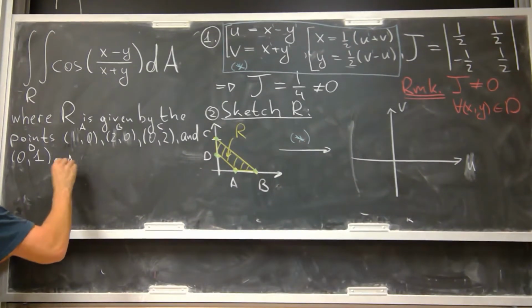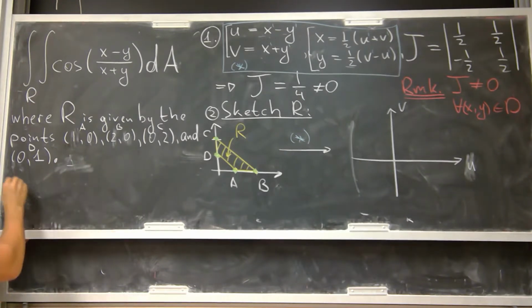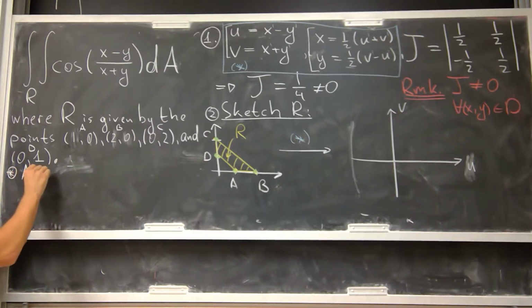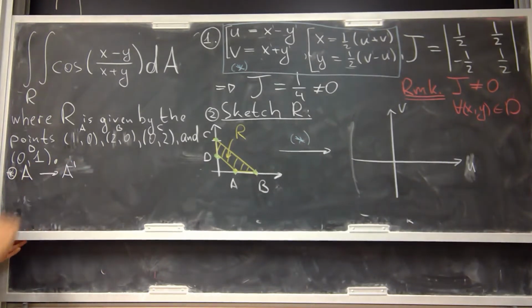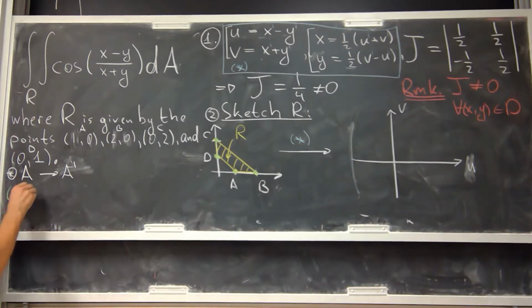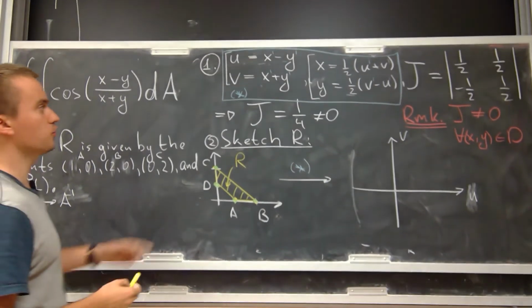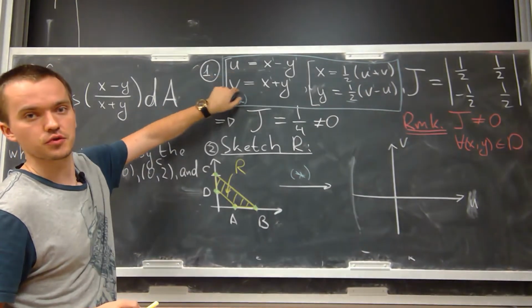So let's do this. Let's first find A. What happens when A transforms to A prime? My point A is given by the coordinates 1, 0, and remember, 1, 0 is my x and y. I want to find the coordinates of this A in terms of u and v.